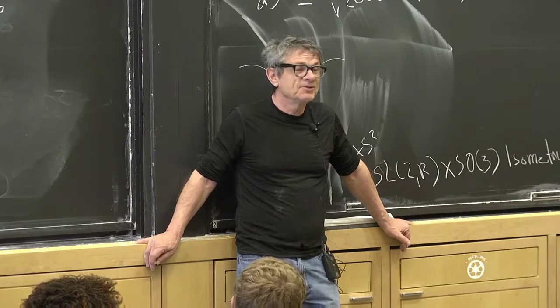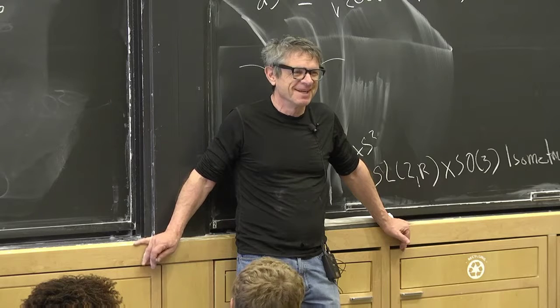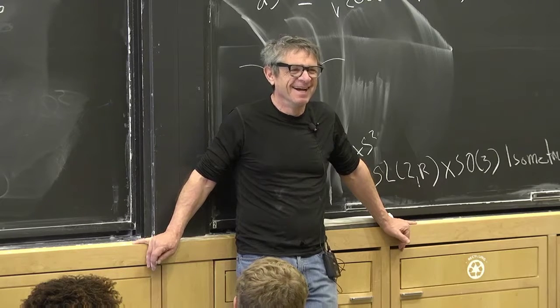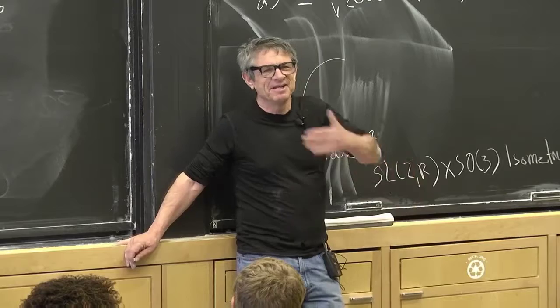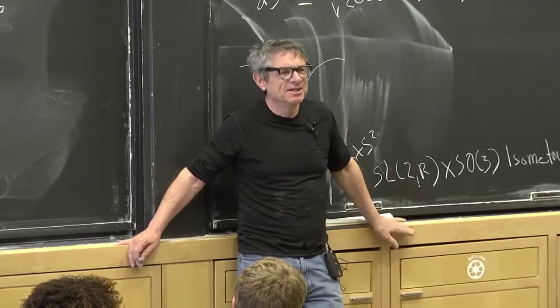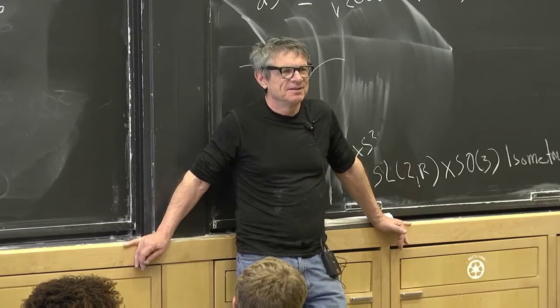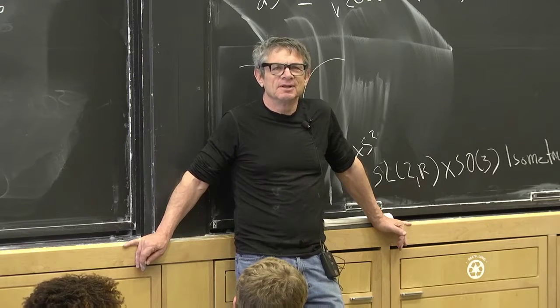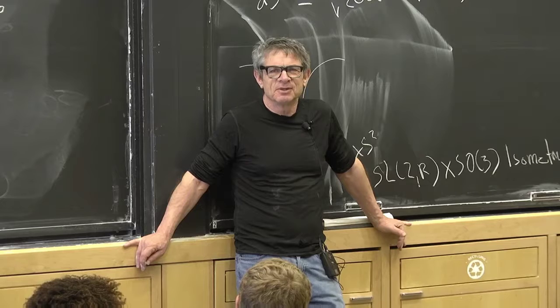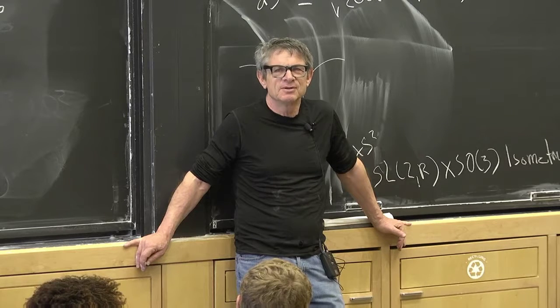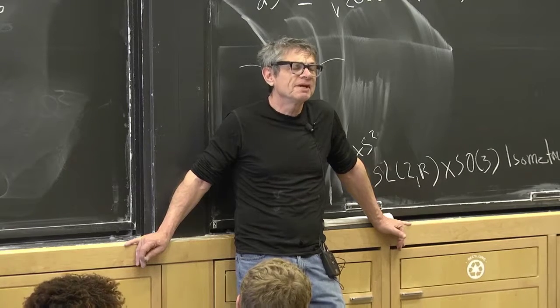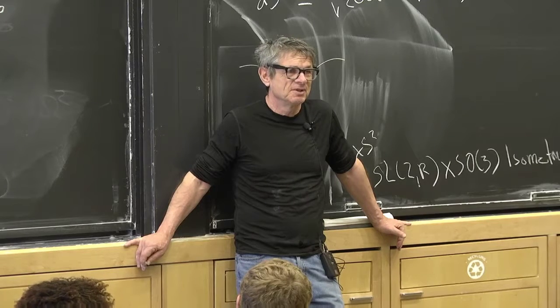Right. That's also going to be one of the homework problems. There's a limit in which you can be very near the fixed point. You could have asked that question before.